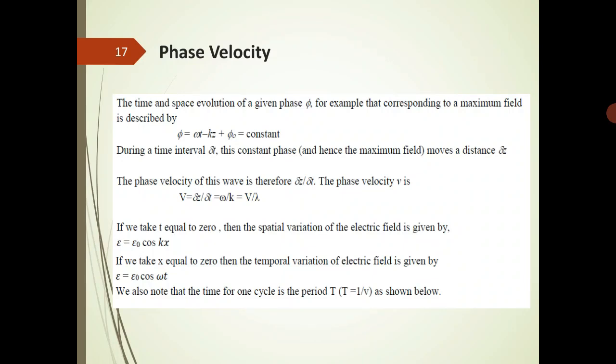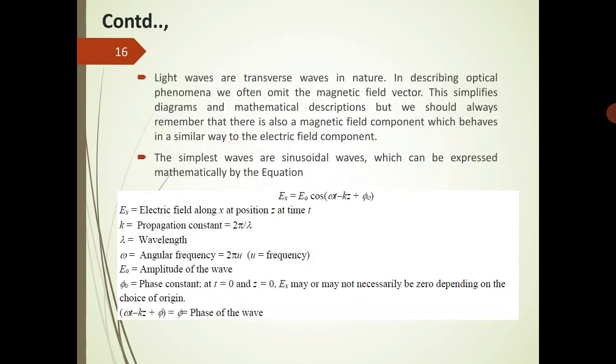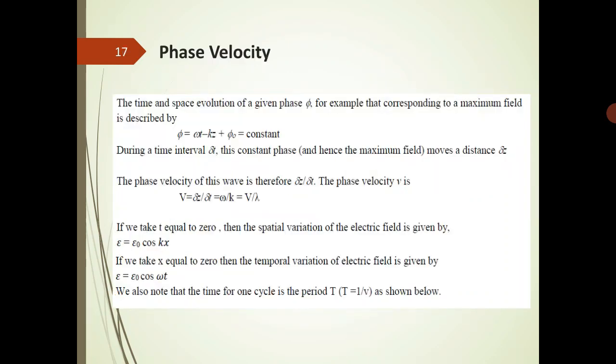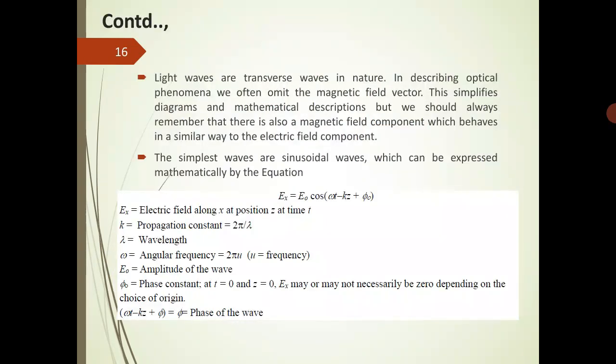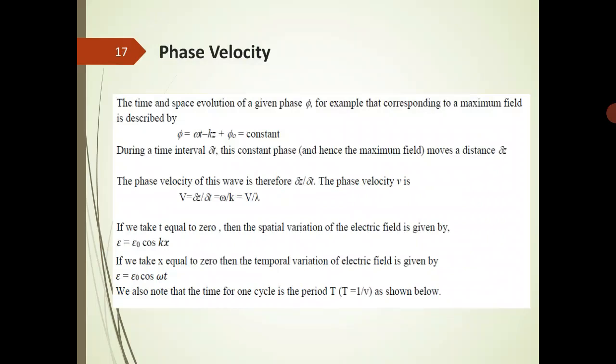If t is equal to 0, the spatial variation of the electric field can be given by this equation. While substituting t equal to 0, we get Ex is equal to E naught into cos of minus k z plus phi naught. And the other one, if z is equal to 0, we get Ex is equal to E naught into cos omega t. So I am just substituting t equal to 0 and z equal to 0.